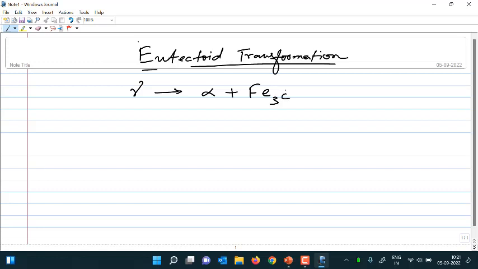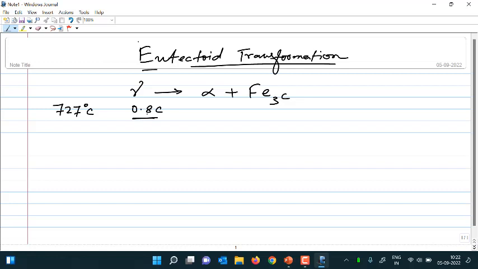This is occurring at 727 degrees Celsius and at a composition of around 0.8% carbon.